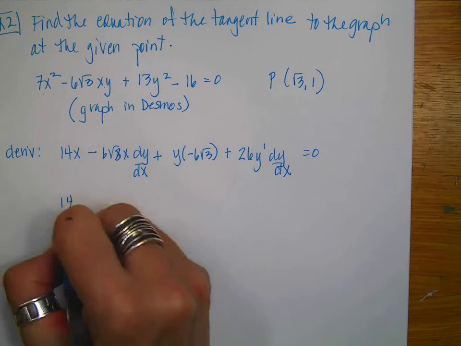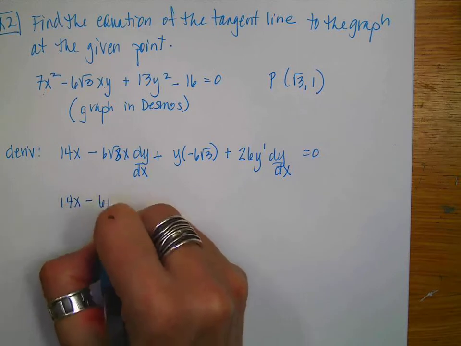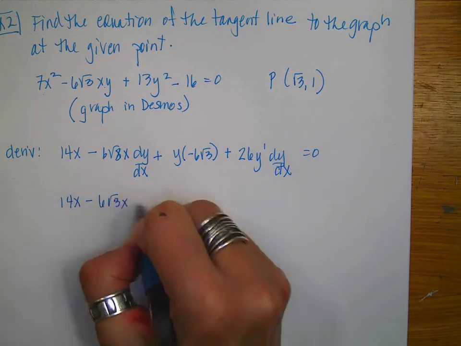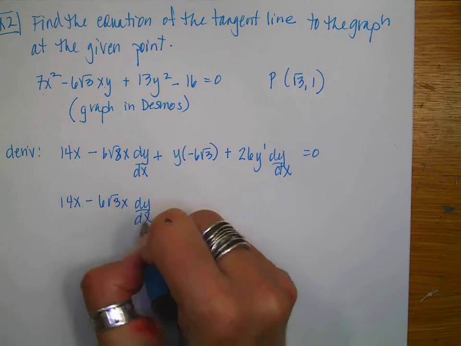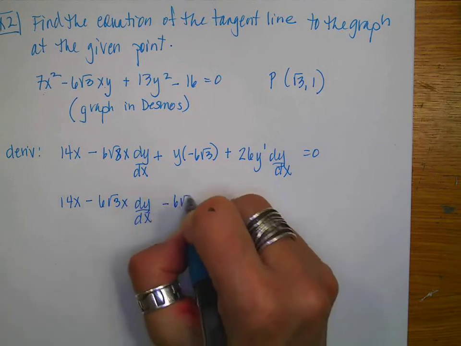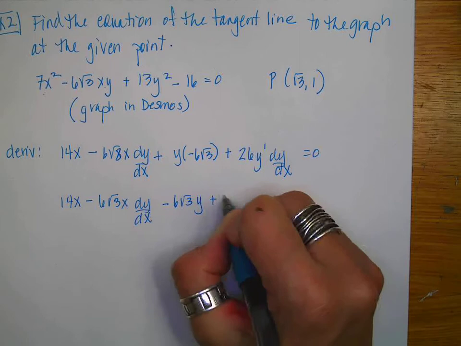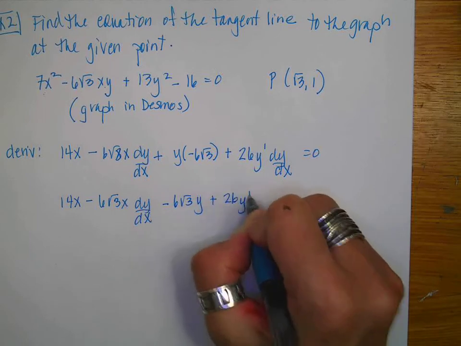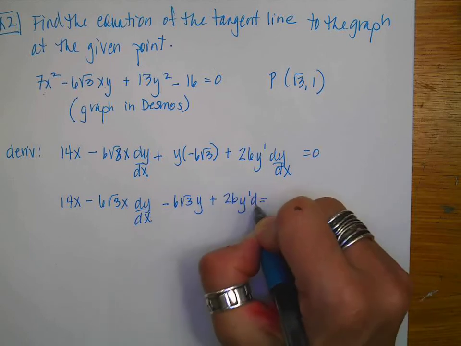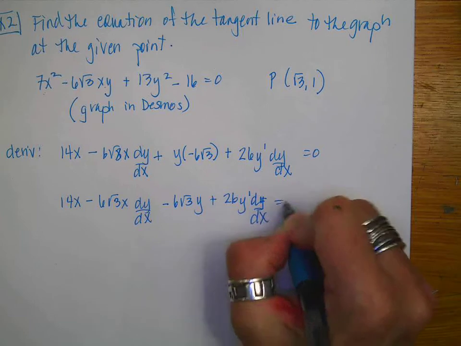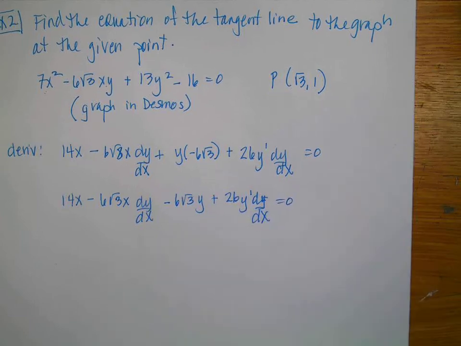Clean that up a little bit, and I have 14x minus 6 radical 3x dy/dx minus 6 radical 3y plus 26y prime equals, oops, forgot the dy/dx, is 0.